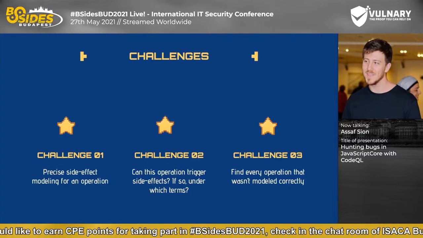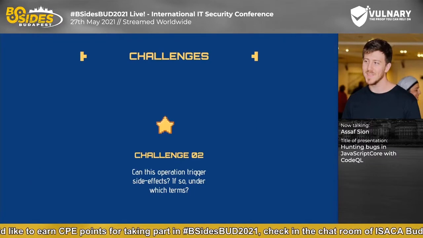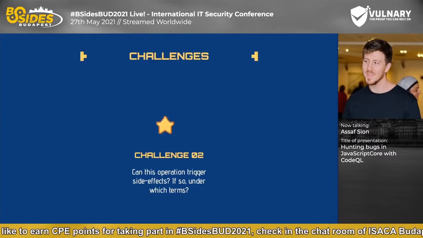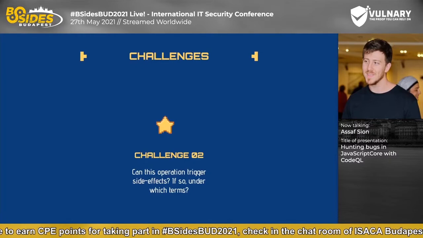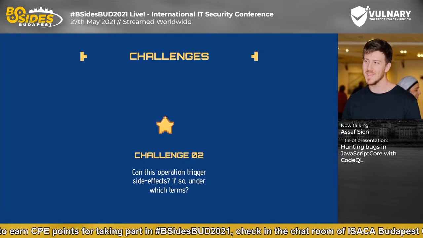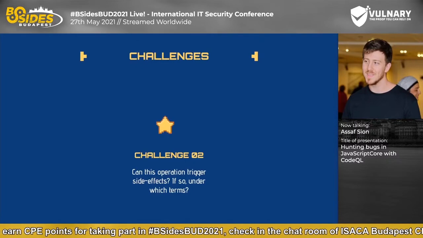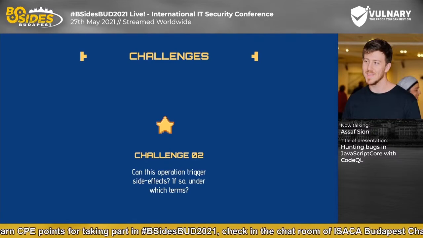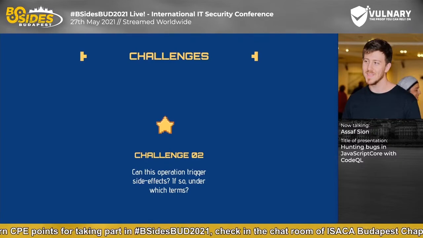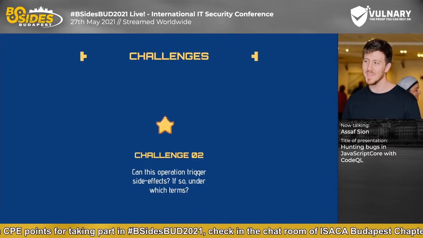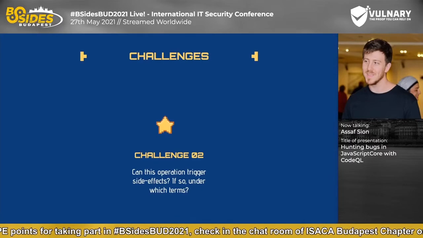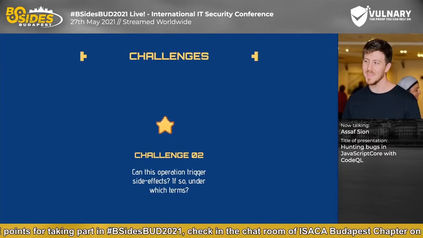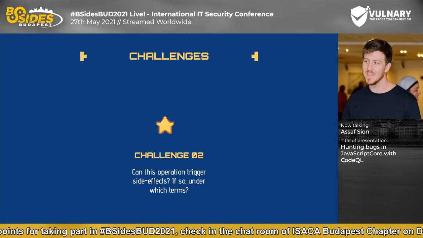We'll focus on solving the second challenge, which is finding which operations can trigger side effects. Specifically, we're looking for operations that can trigger side effects using a proxy object. So it's the same way that the instanceof operation triggers side effects. After this presentation, I encourage you all to modify the query so that it will find other types of bugs.